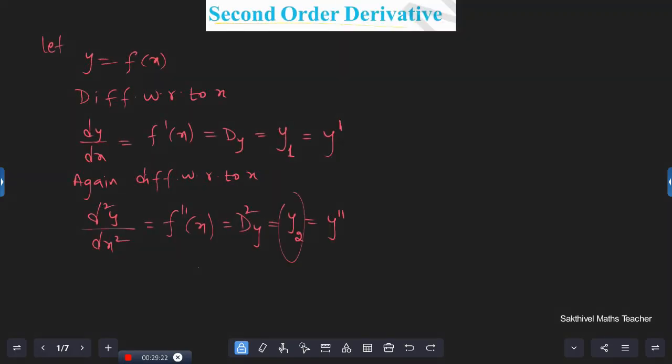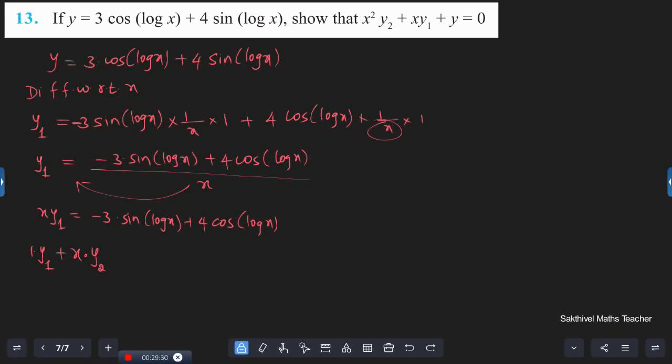Y1 derivative is y2. Understand? That is what we are speaking. Now it is equal to minus 3, sin derivative is cos, cos of log x, and again log derivative 1 by x, x derivative 1. 4 into cos derivative is minus sin, so I give minus here, sin alone I write.